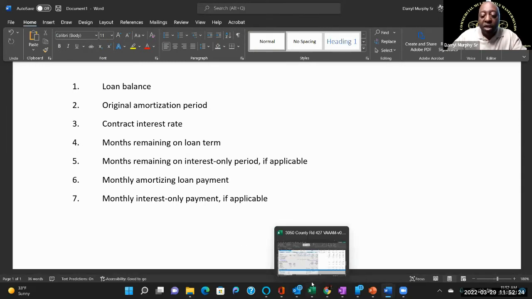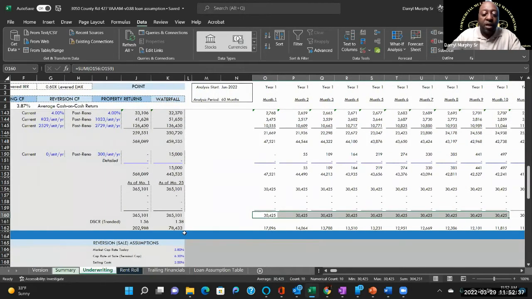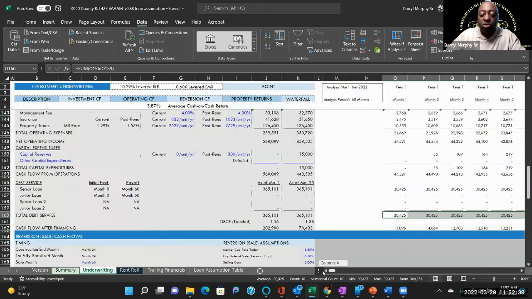Now, if they give you the loan payment in a year, let's say 365,101, okay, then you're spot on, right? And then this is going to be your monthly payment right here, okay? If they give you the monthly payment of 30,425, just multiply it by 12, right? That's it, and you get your annual, okay?